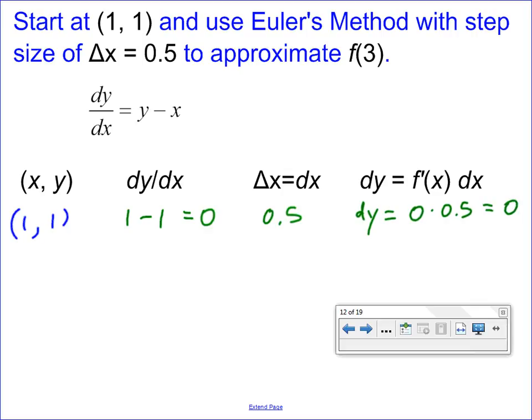When I step over 0.5 units in x, my predicted change in y is 0. So what's my new point? Yeah, (1.5, 1). Good. So my predicted new point is (1.5, 1).